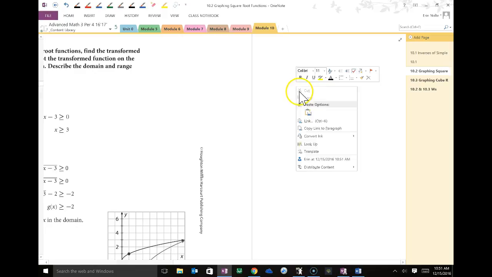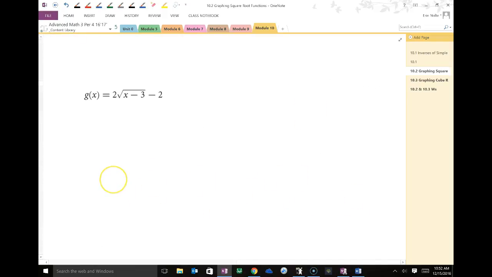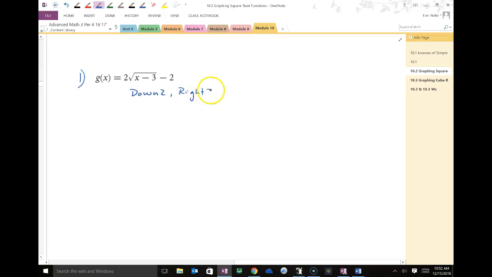Okay, so all we're going to do is take, this looks like a good one, number 1. All we're doing is graphing this. So can you tell me what the two translations are? Okay, good. So this is going to go down 2, and it's going to go to the right 3.